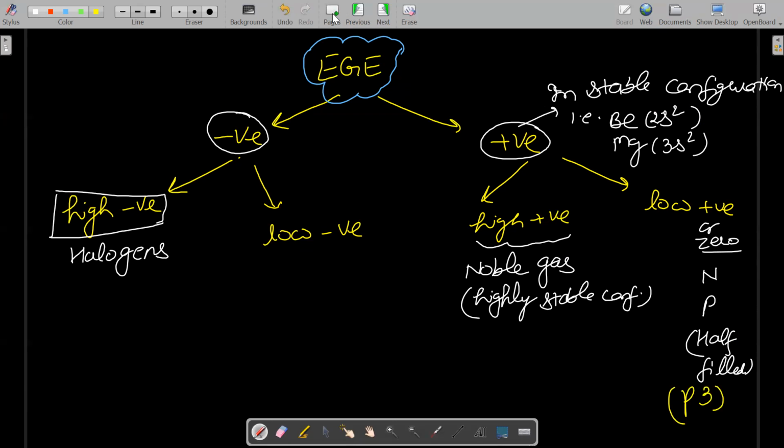One more example we can take. If we talk about oxygen, what is the configuration of oxygen? 2, 6. So oxygen requires 2 electrons to complete its octet. So there should be 2 electrons added. Okay.